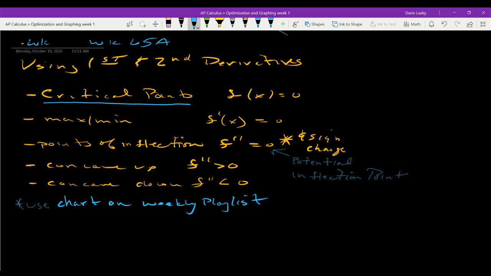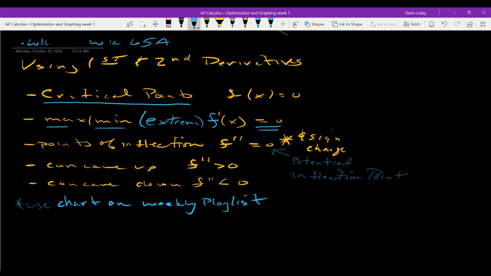If we're going to find maximums and minimums, or these are also called extrema, we're going to set f prime of x equal to 0.